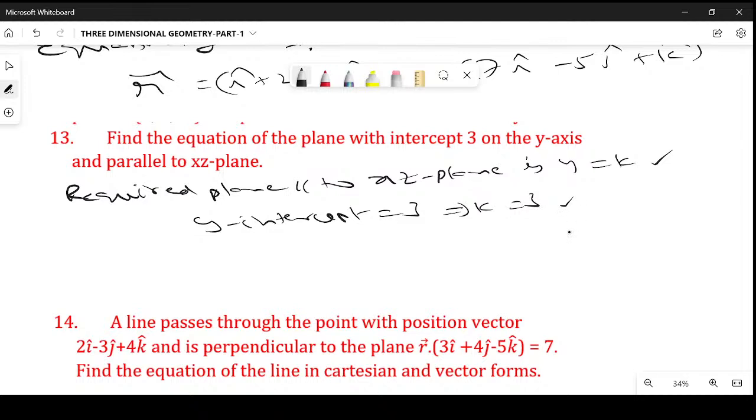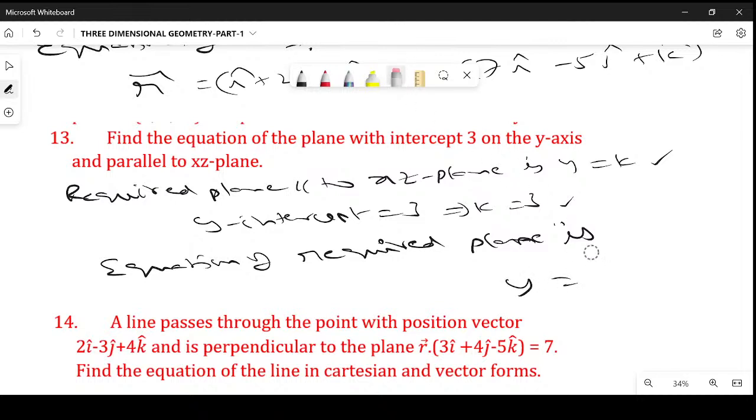Therefore, the equation of the required plane is y is equal to 3.